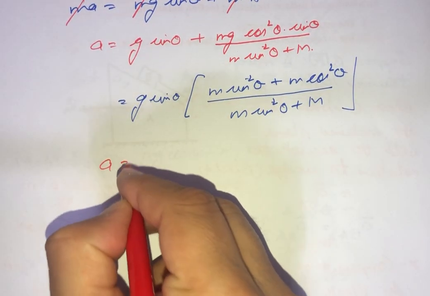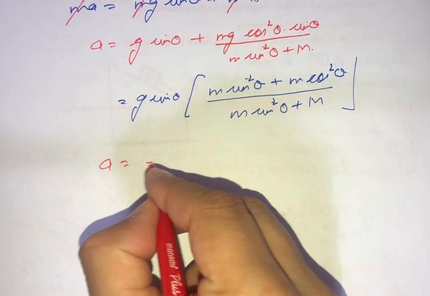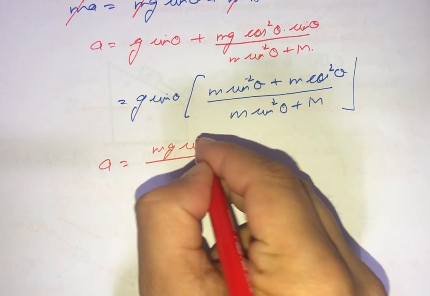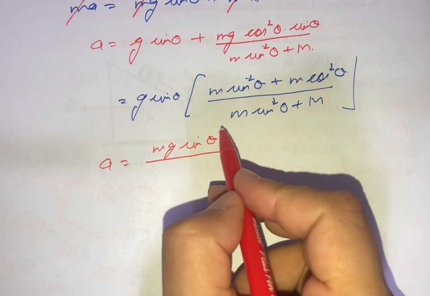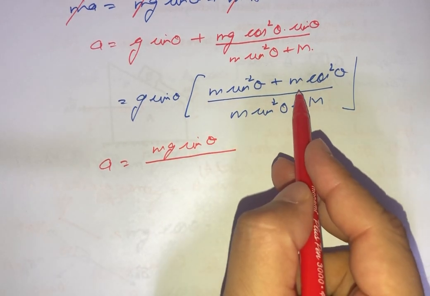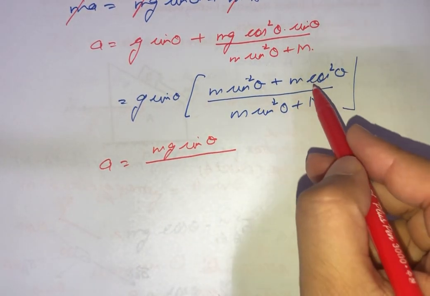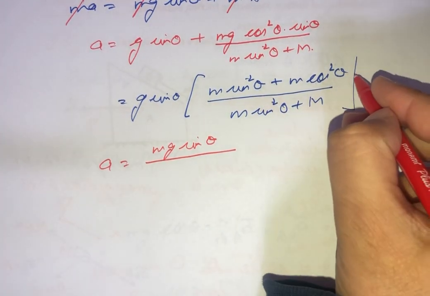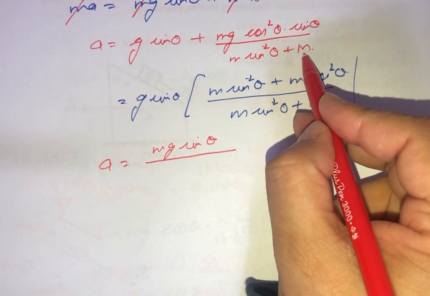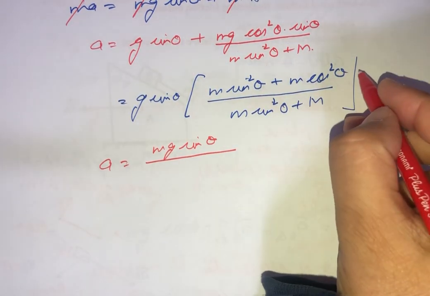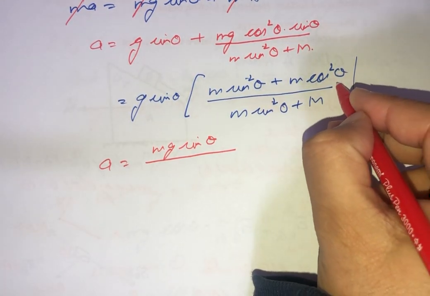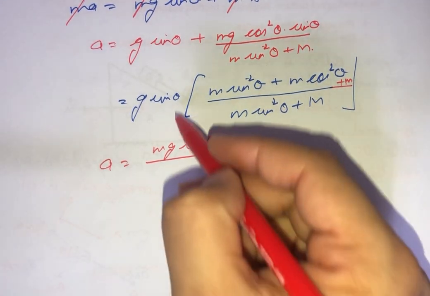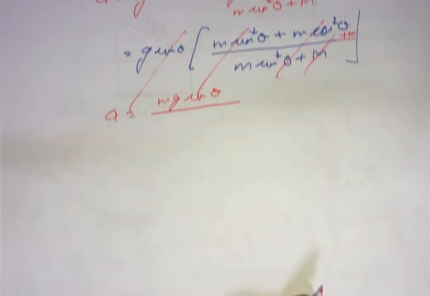So we can say that a will be equal to mg sin of theta, oh sorry, I made a mistake, this one term is missing here, that is capital M, and plus capital M. Let me do it again.